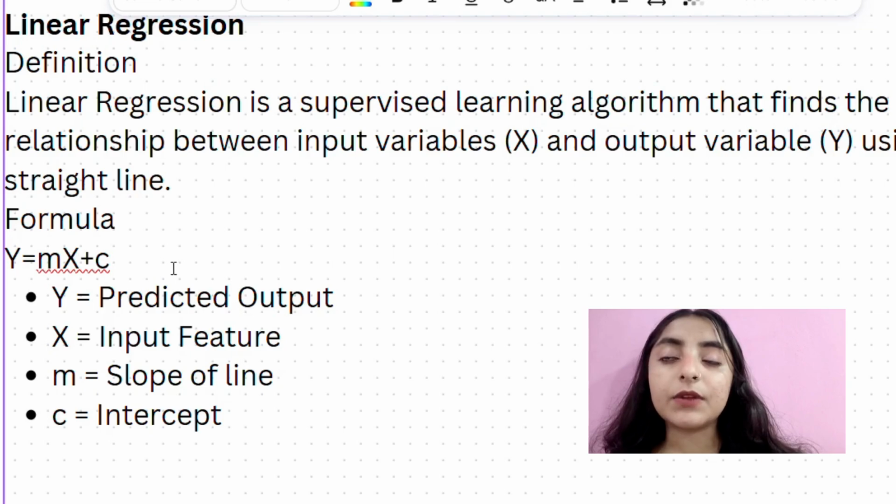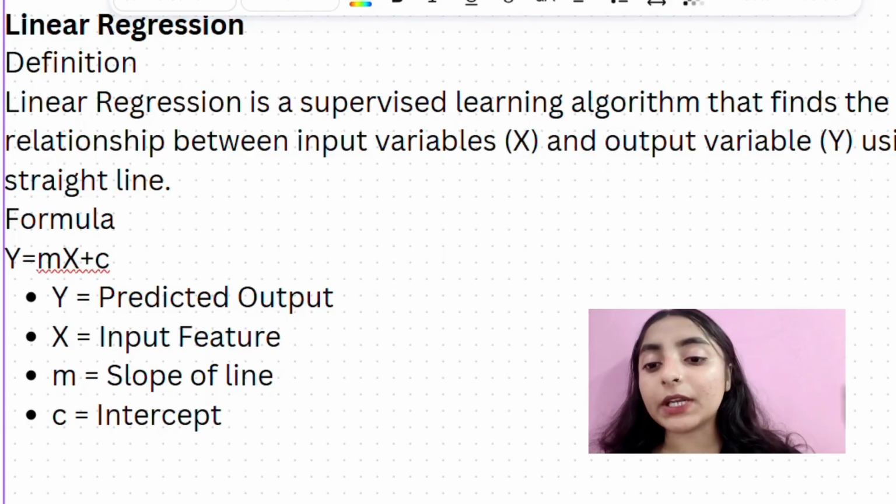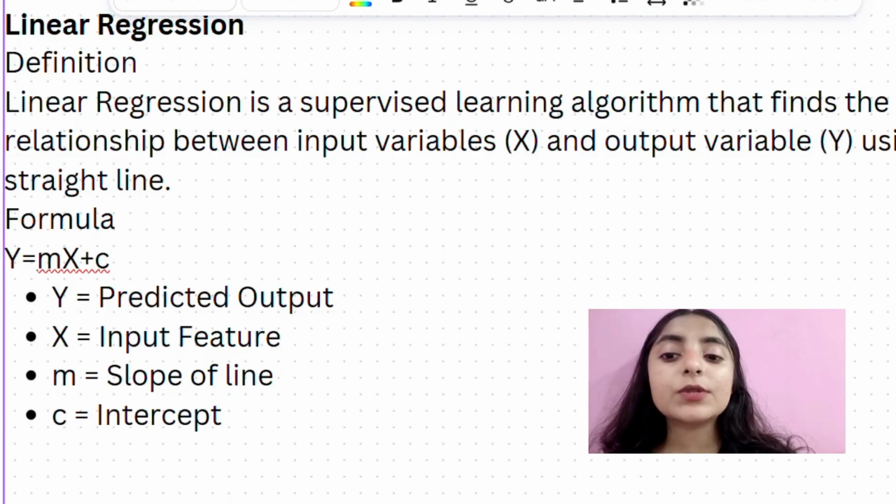Now a real-time Iris dataset example, where we will see how to implement it in programming. So let's start. What is the Iris dataset? It is a famous dataset which contains flower measurements: sepal length, sepal width, petal length and petal width. The target is what species the flower belongs to.